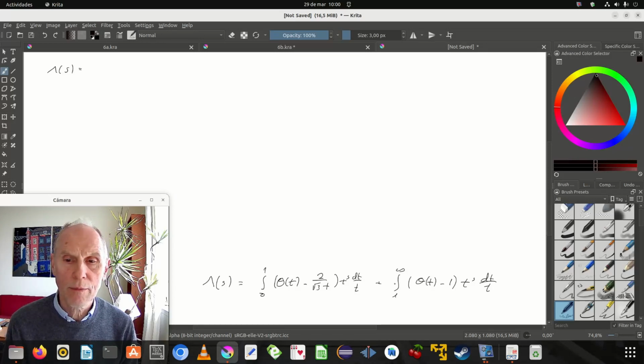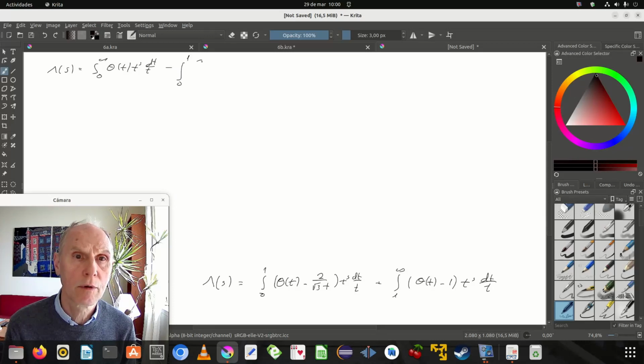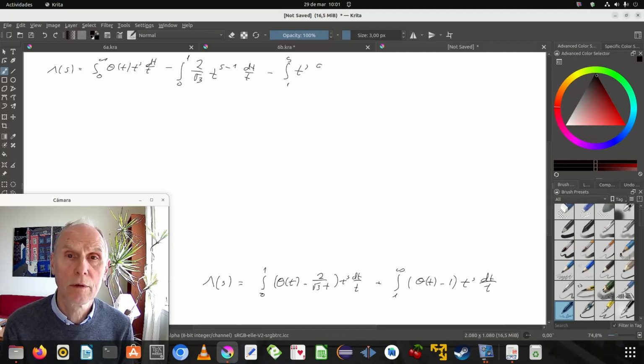So we get the integral from 0 to infinity of theta, minus the integral, this must be done to infinity.